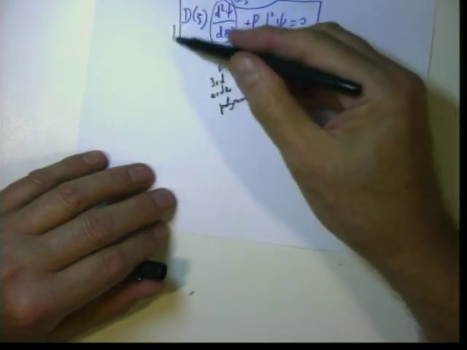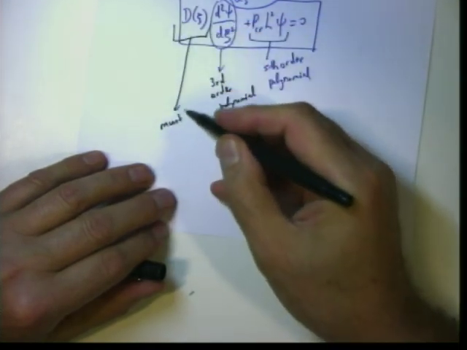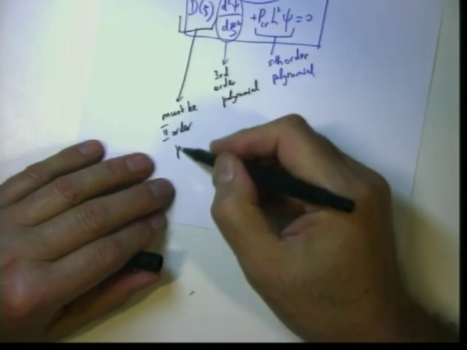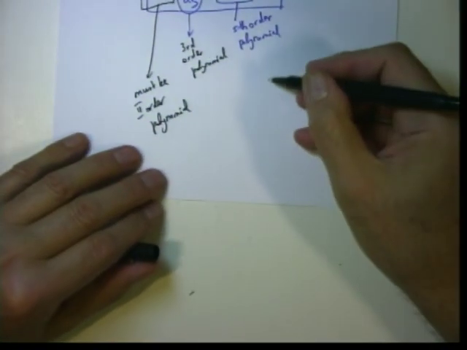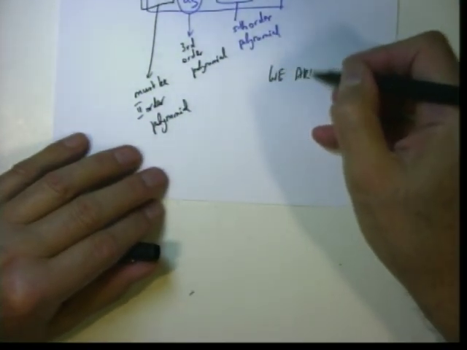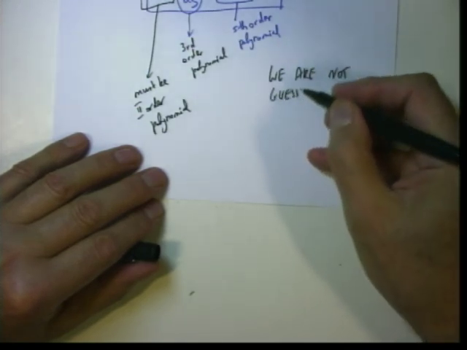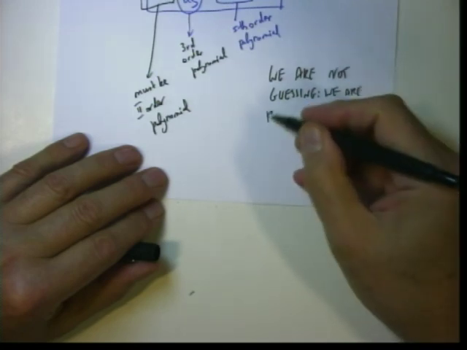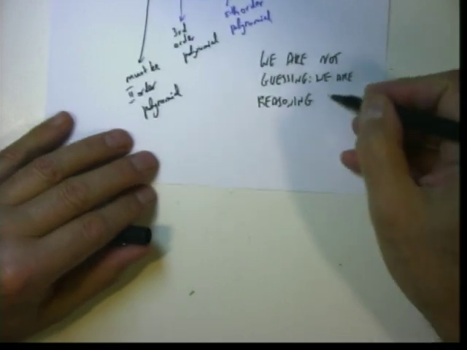So therefore this guy must be second order polynomial. So we are not guessing, okay? We are reasoning. Together.